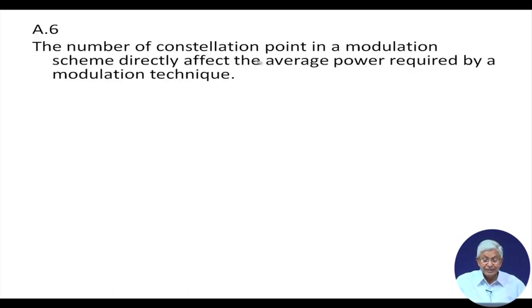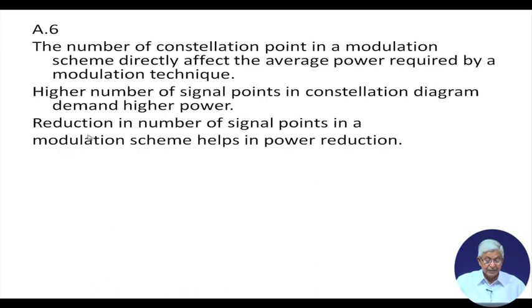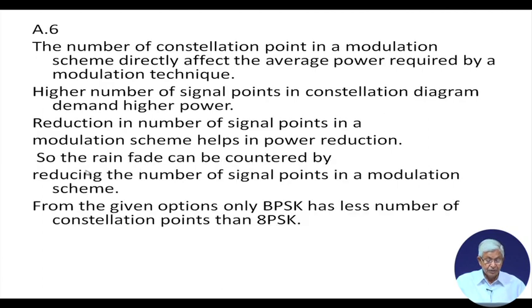The number of constellation points in a modulation scheme directly affects the average power required by a modulation technique. Number of points in IQ constellation, if you recollect. Higher number of signal points in the constellation diagram demands higher power. So, reduction in number of signal points in a modulation scheme helps this power reduction. So, the rain fade can be countered by reducing the number of signal points in a modulation scheme.